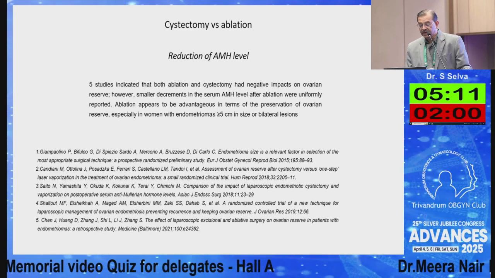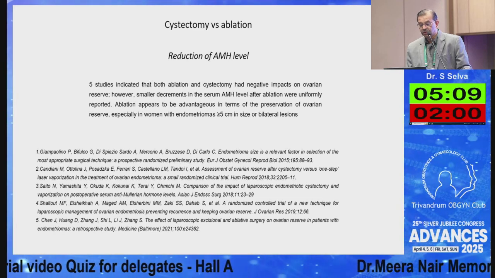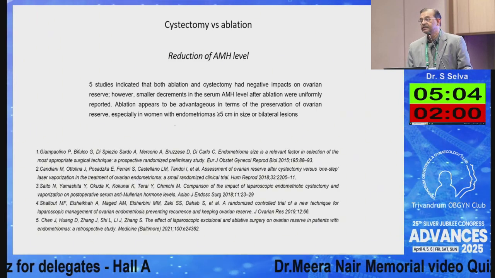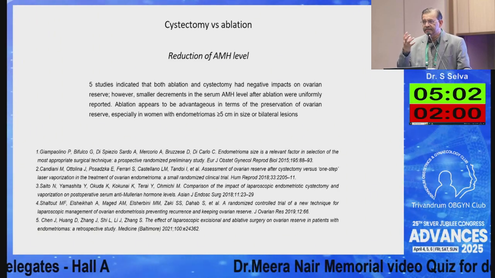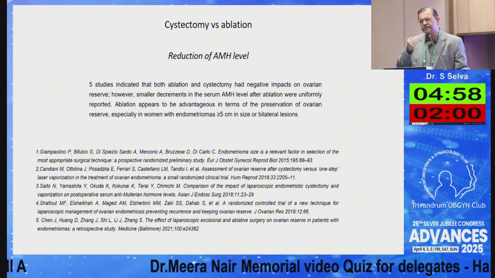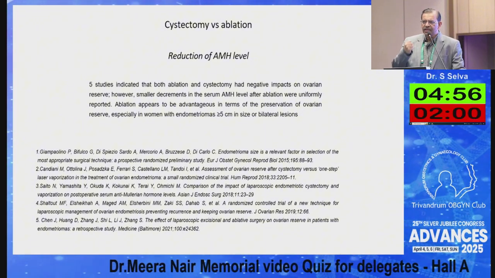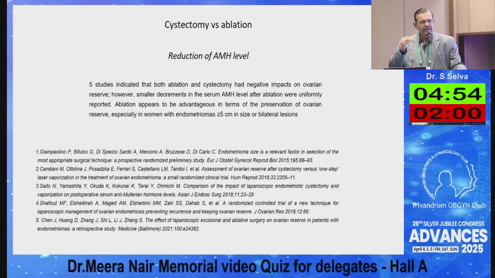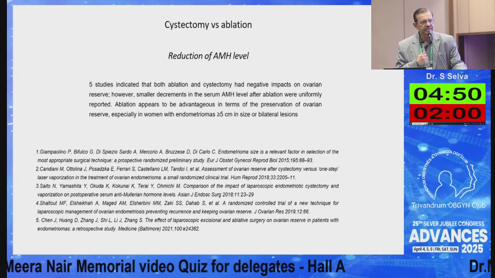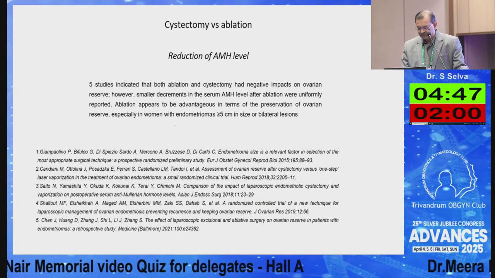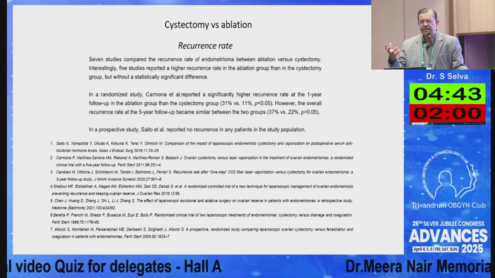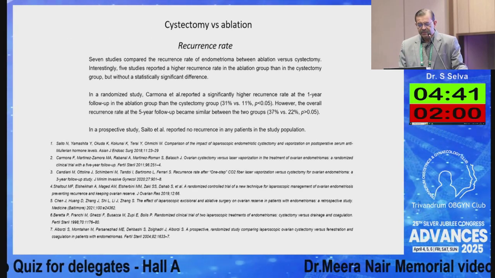Ablation appears to be advantageous in terms of preservation of ovarian reserve, especially in women with cysts above 5 centimeters or bilateral lesions. So what they're saying is that from these 5 studies, your AMH will still reduce, but not as much as if you do a cystectomy. So this is the evidence if you do ablation, not sclerotherapy, but ablation, meaning laser or plasma jet.